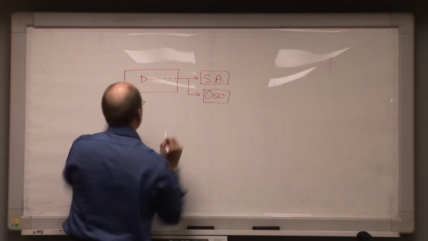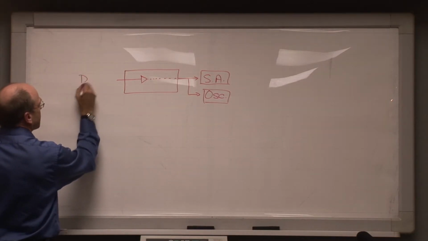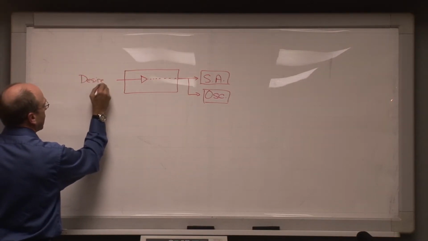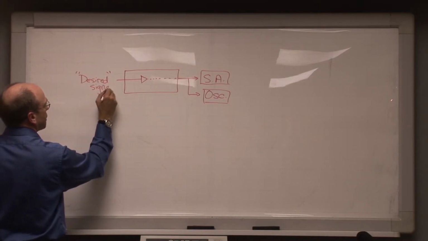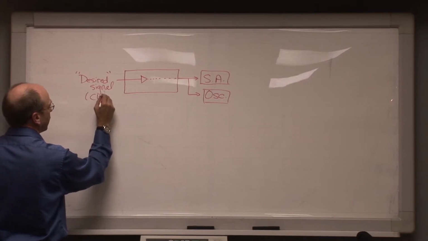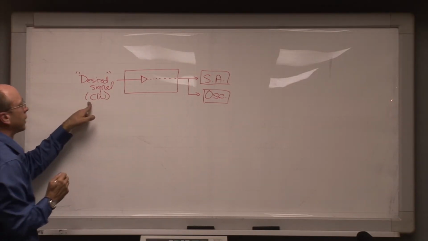And coming into the LNA at the front end of our box, we have a signal generator that produces a desired signal, quote unquote, which in this case is just a carrier wave, but it could just as easily be a digital data signal of some sort.